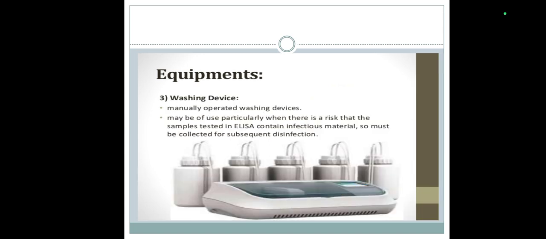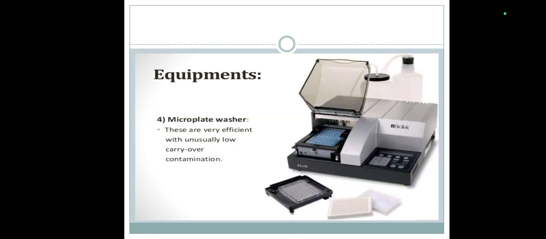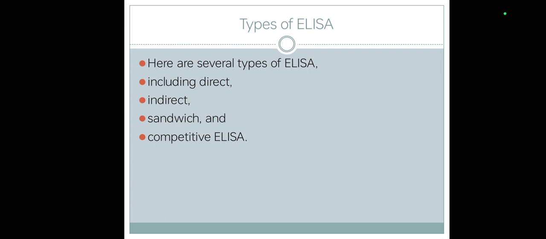It is manually operated and may be of use particularly when there is a risk that samples tested in ELISA contain infectious material, so must be collected for subsequent disinfection. Microplate washer. These are very efficient with unusually low carryover contamination.